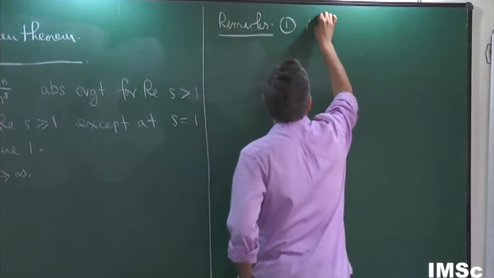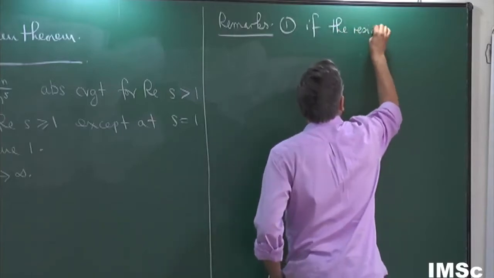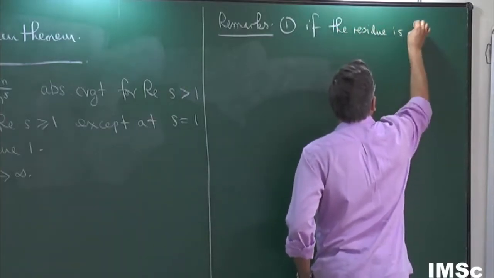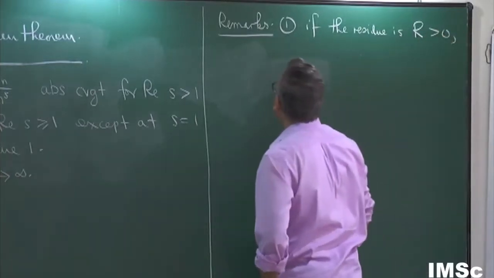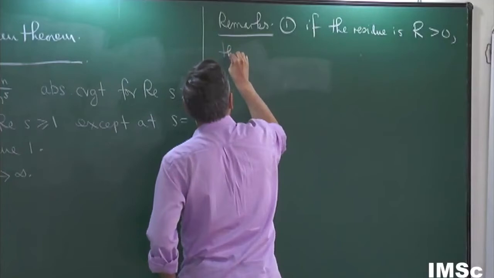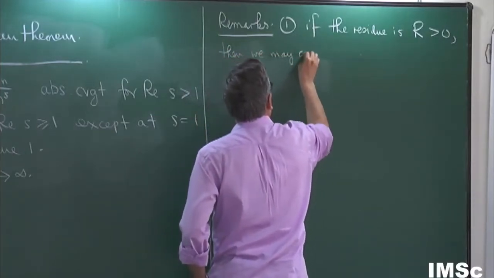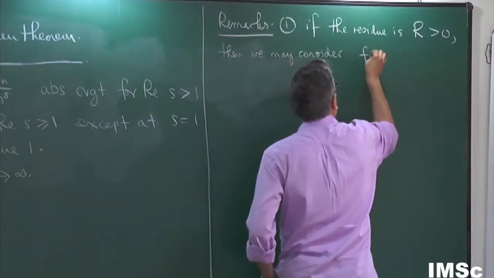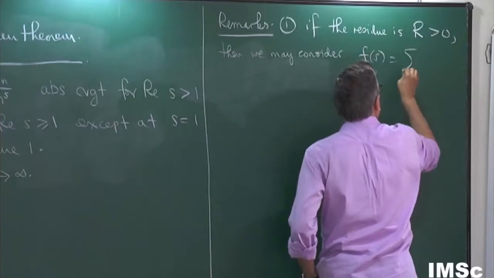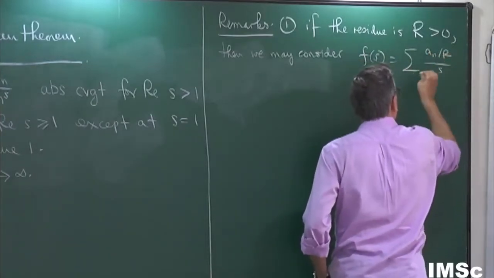If the residue is r, positive, then we may consider f of s equal to the summation of a_n over r over n to the s.